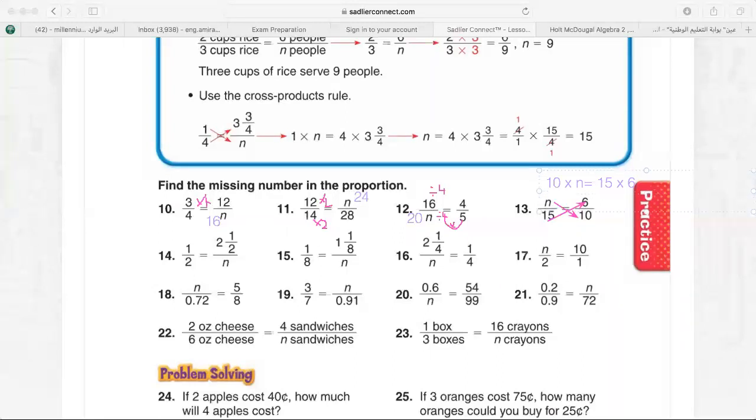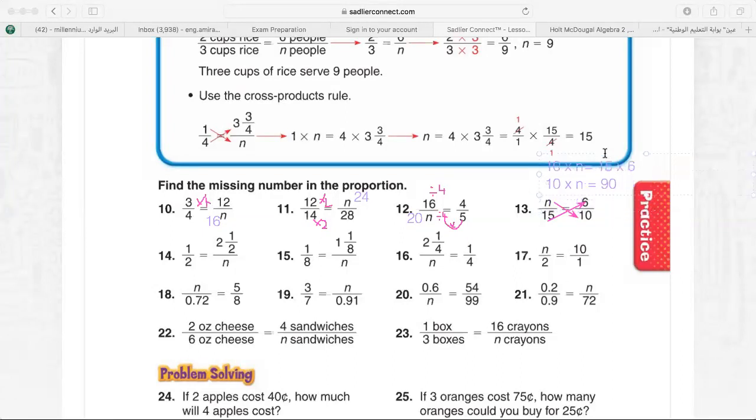Then I will say 10 multiplied by n is equal to 15 multiplied by 6. Teacher, 15 multiplied by 6 is 90. Yes.